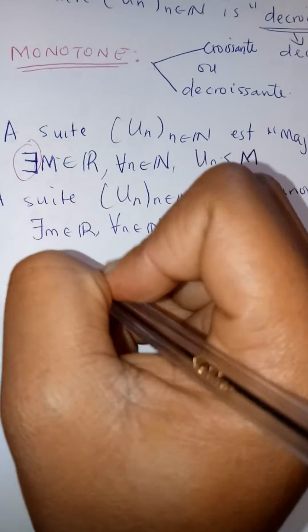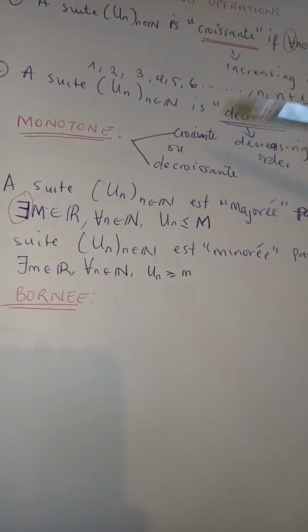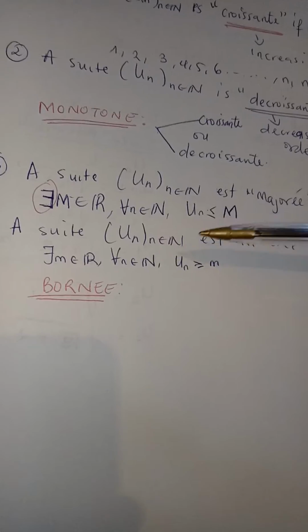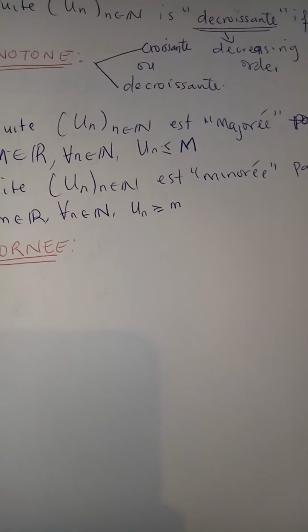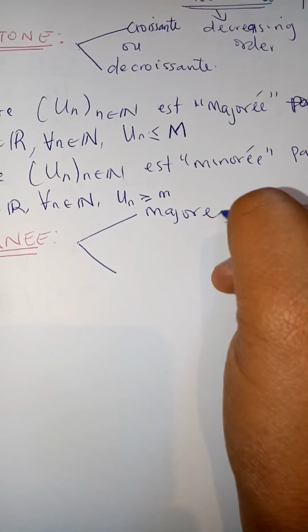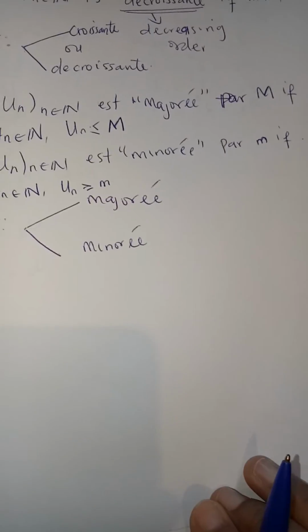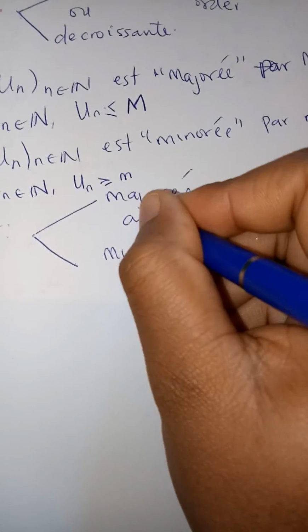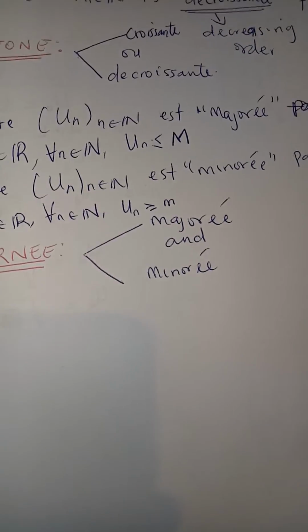Then, another thing that people ask is this bornée. In suite bornée, it's just like in suite monotone. In monotone, we had to deal with croissante and décroissante. In suite bornée, tout simplement, is proving that the suite is majorée and minorée. So if the suite is majorée and minorée, we can say that that suite is bornée.